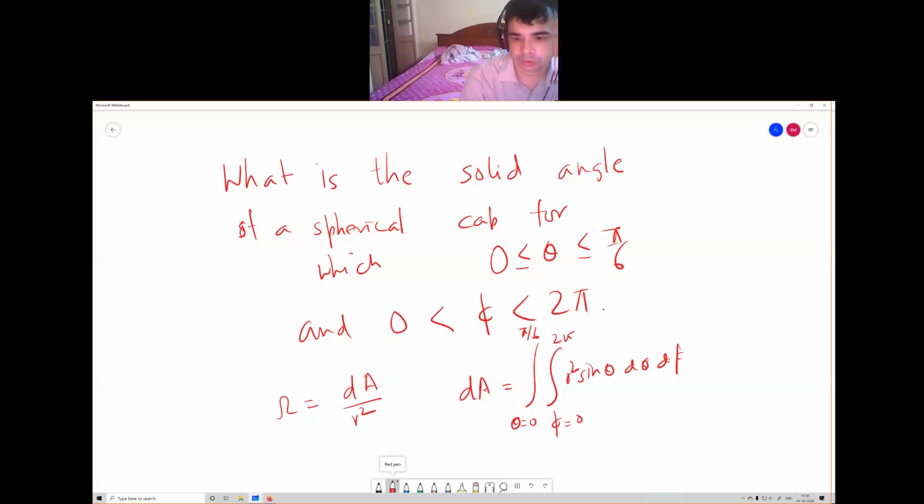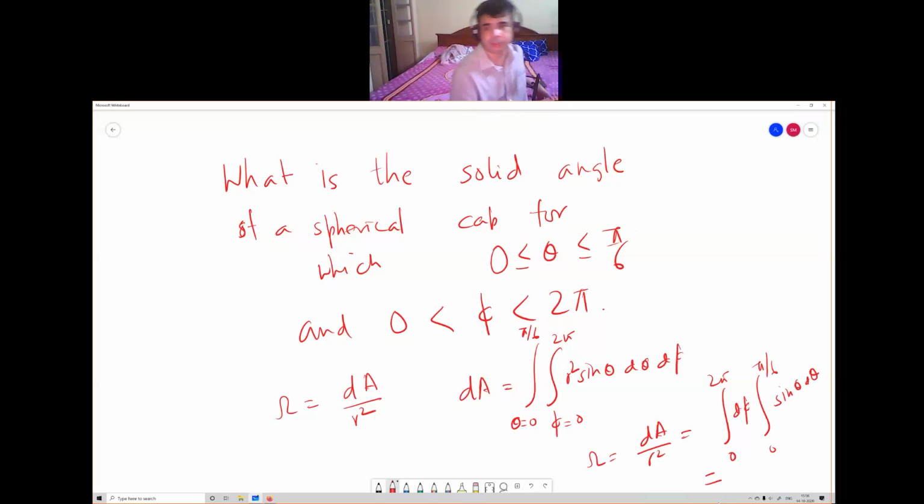So r square comes out, and we have the integral 0 to 2 pi d phi, 0 to pi by 6 sine theta d theta. If we solve this integral, we will get the answer of 0.8356.